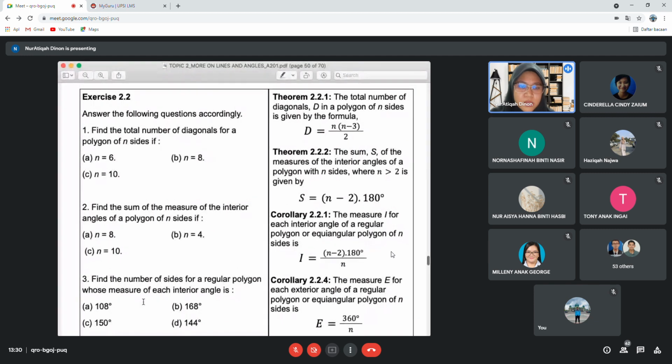This is the exercise, and this is all the theorems and corollaries that you can find in this slide, in this topic today. It doesn't mean that you need to use this one for this one, this one for this one. You just choose which one is related. You can start now and try to answer. We'll meet again at 2:50. Good luck.